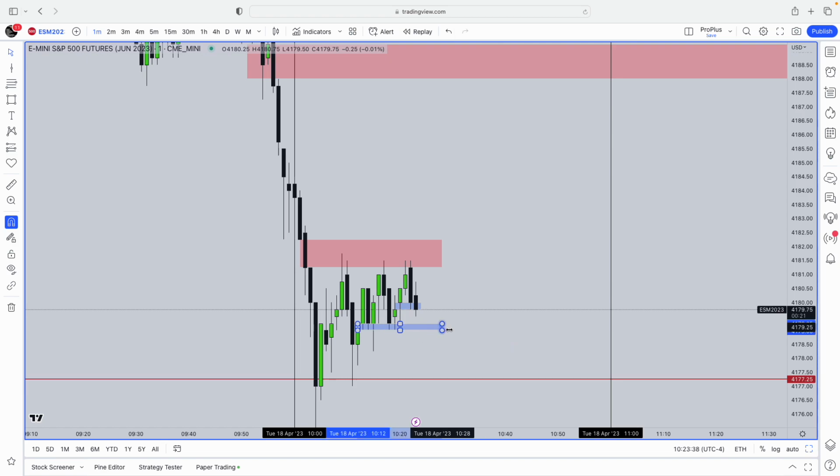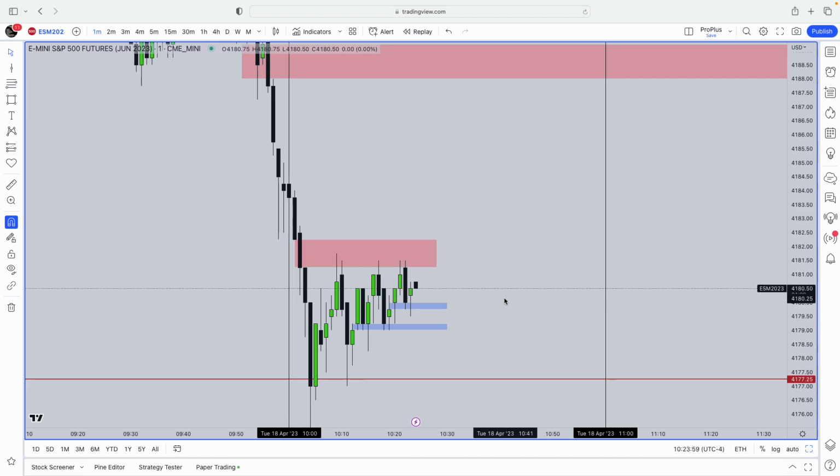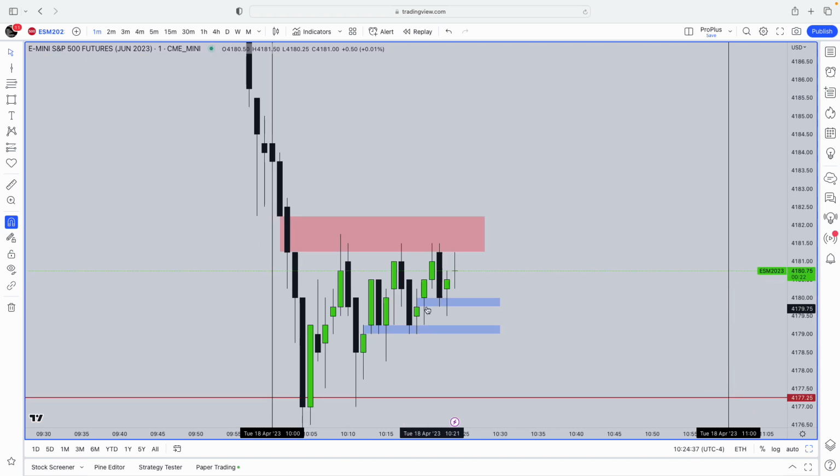Just drag this one across a bit more. And it's volume imbalance showing support here.